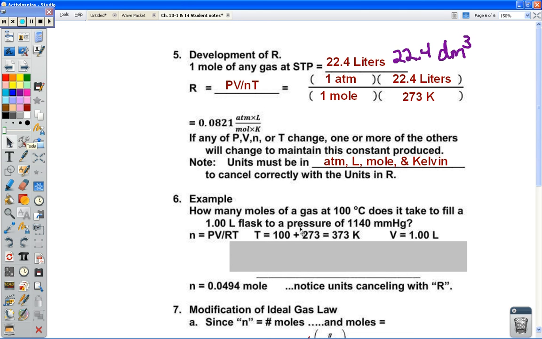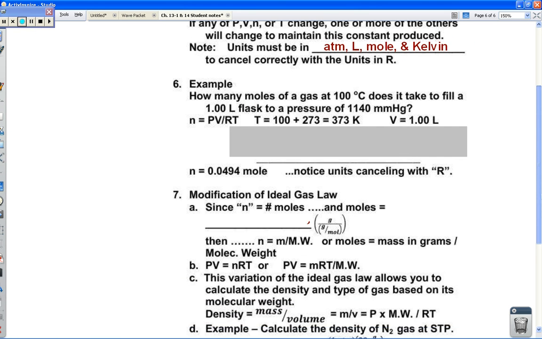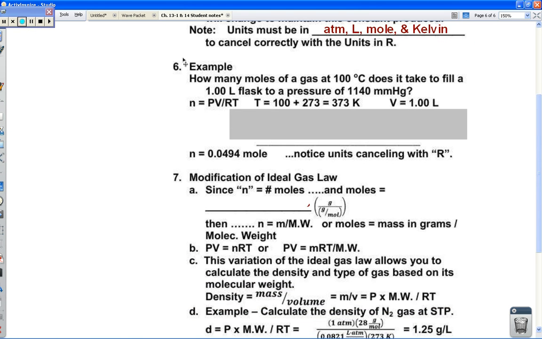Okay, so our example. How many moles of a gas at 100 degrees Celsius does it take to fill a 1 liter flask to a pressure of 1140 millimeters of mercury?